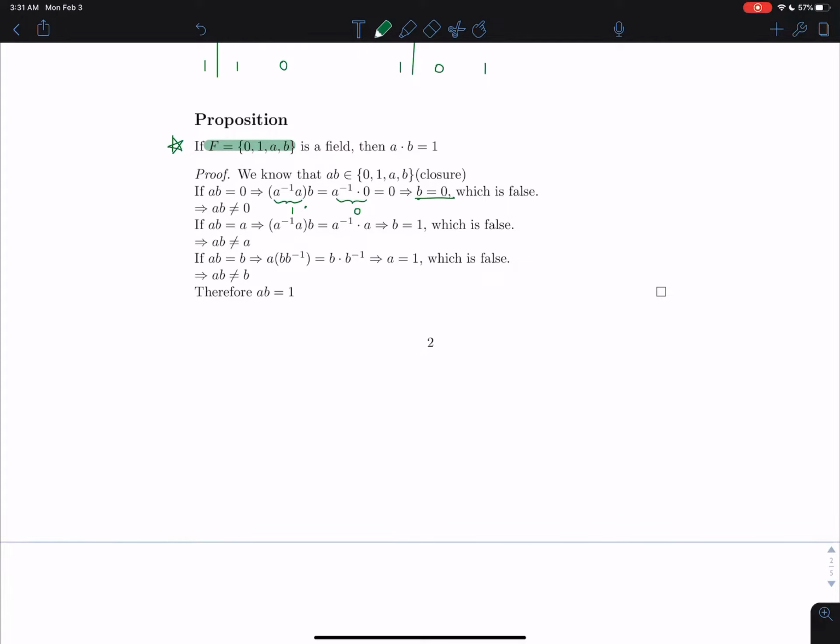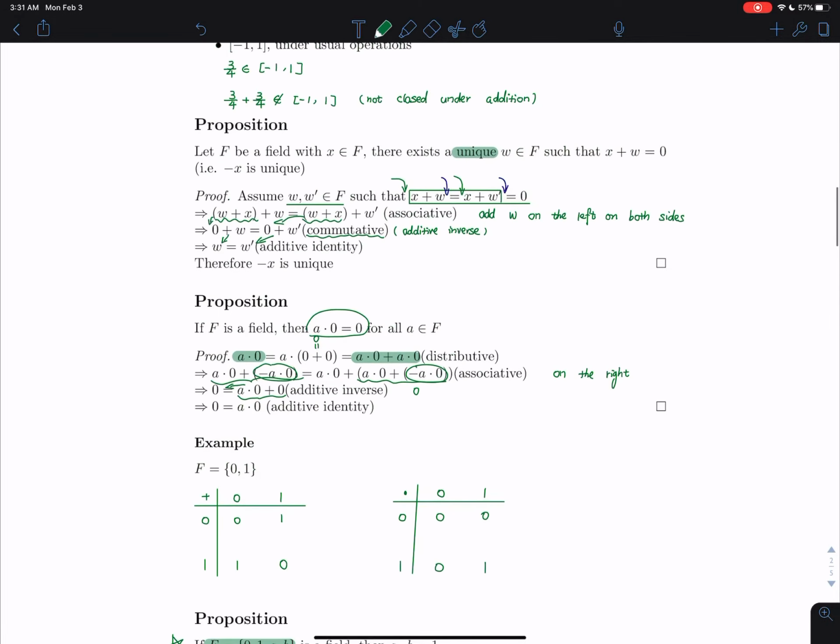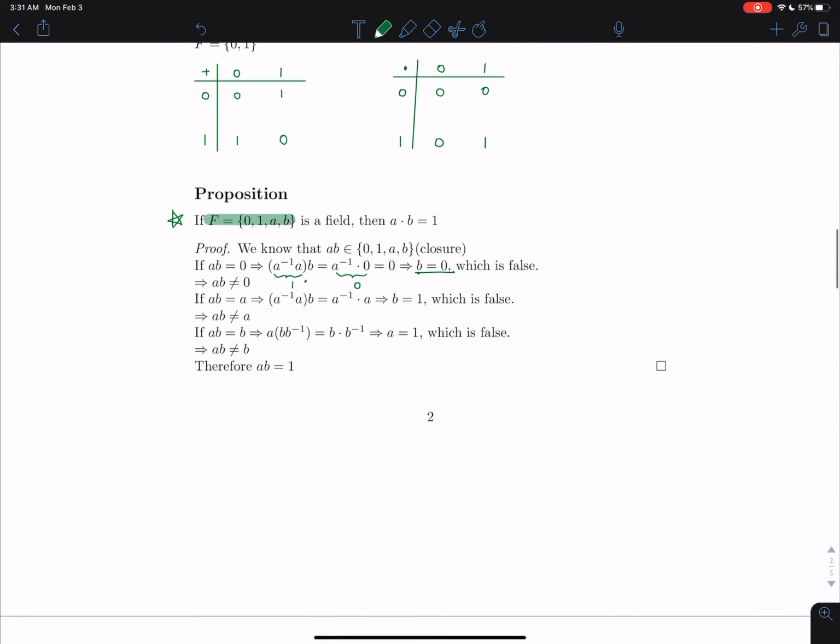I didn't specify what I used for each step because I did it before, so I didn't do it here. But when you try to prove anything in this part of the course, you should specify which axioms you used and do not skip steps.